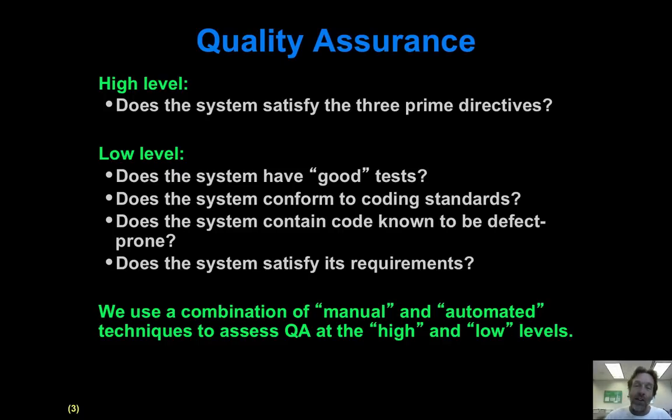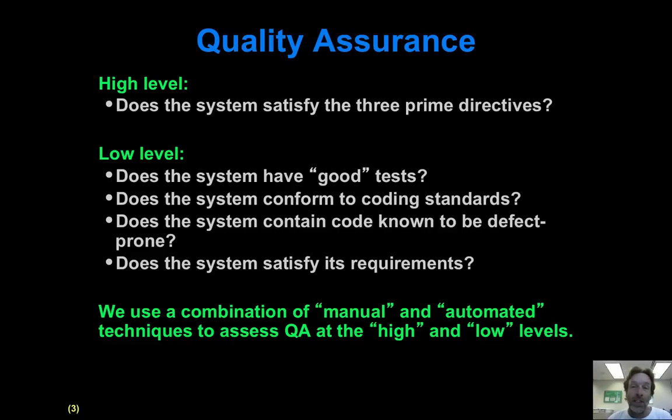So at the low level, there are things like having quote-unquote good tests, and we'll find out more about what that is later. Conforming to coding standards so that the code all looks like it was developed by one person, even if multiple people were involved. And looking for certain kinds of code smells or heuristics which indicate that there might be problems. And finally, just overall general conformance to requirements.